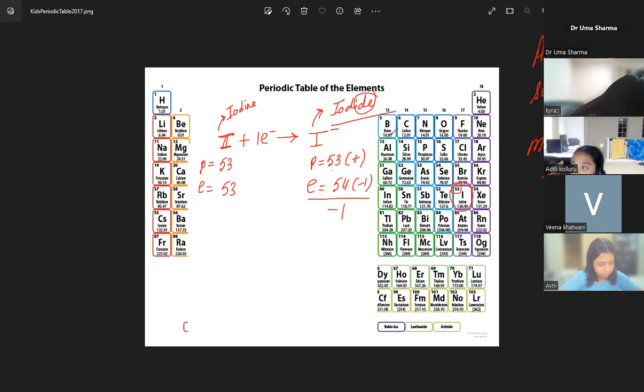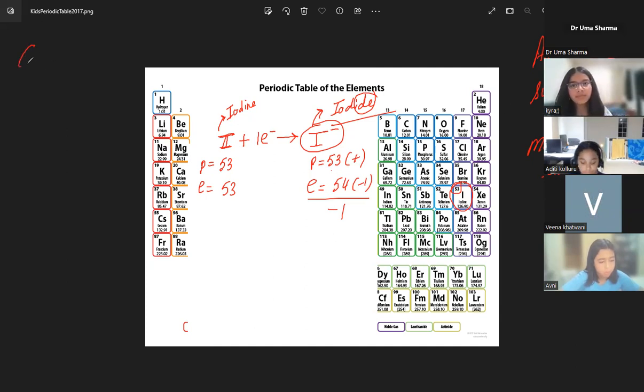All these ions are made up of one atom. I minus has only one atom. So these are monoatomic ions, right? This is clear? Okay. So these are the names for the anions.